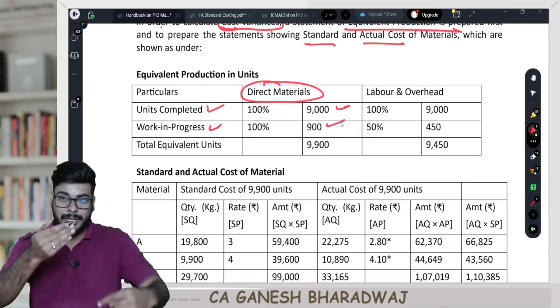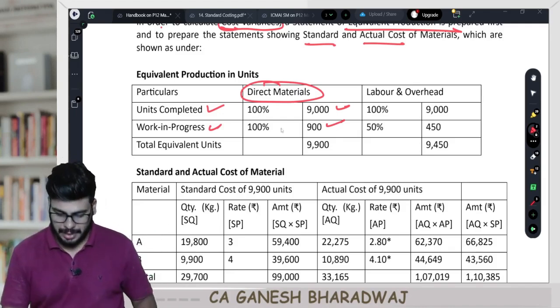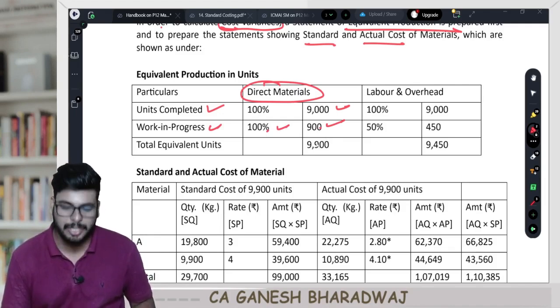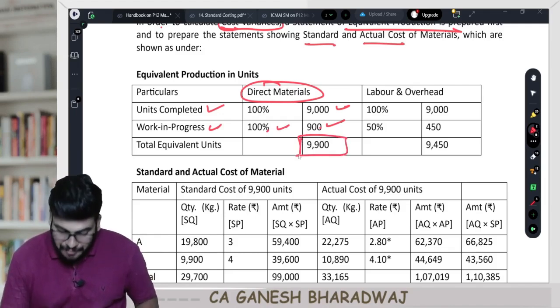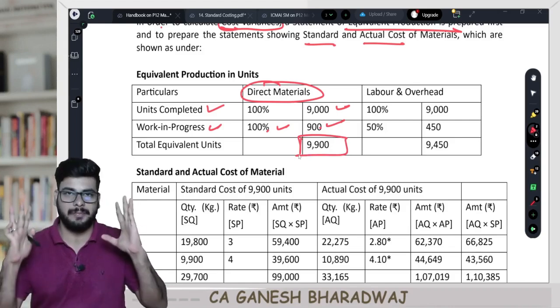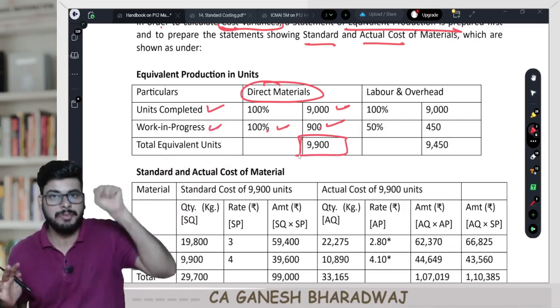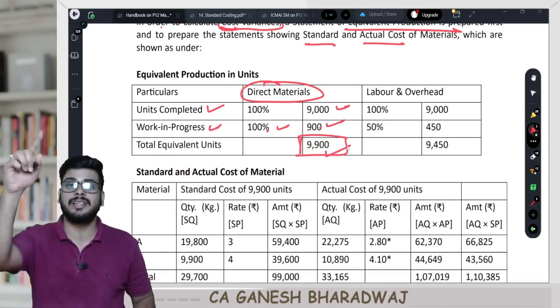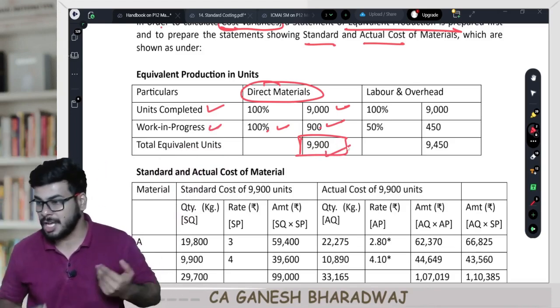Or in other words, with respect to material, they were 100% complete. So here 900 into 100%, how much is that going to be? It's going to be 900. So with respect to raw material, I have produced 9,900 equivalent units. Are you clear with this?